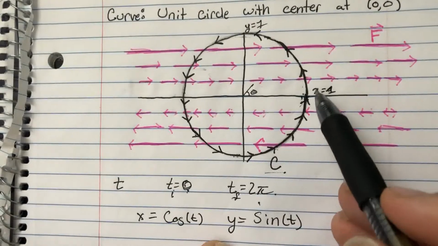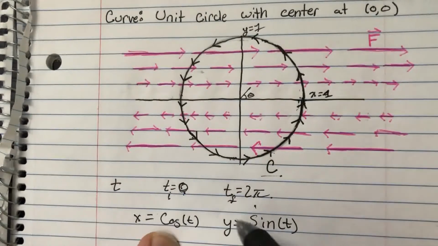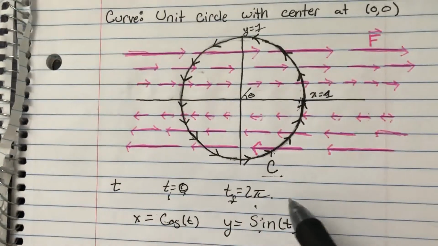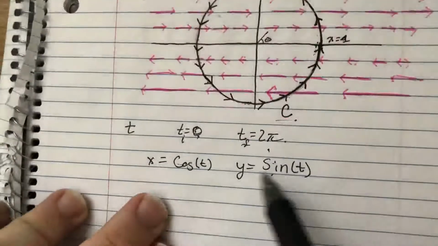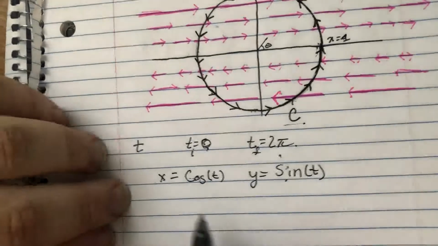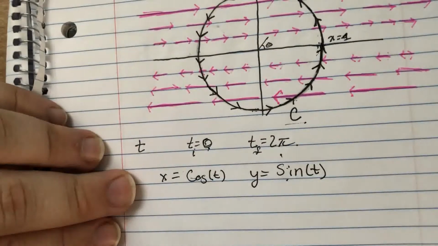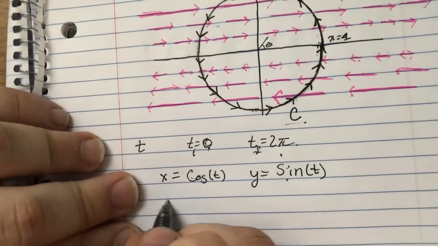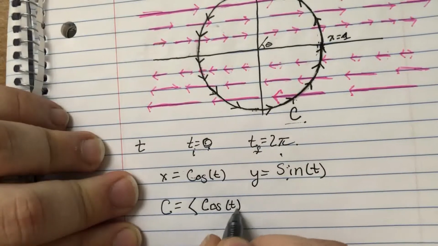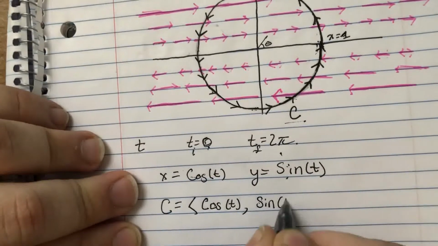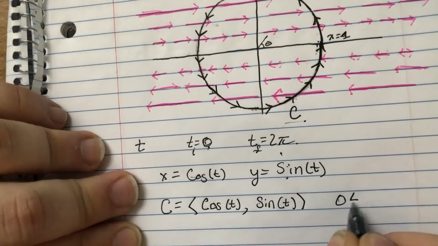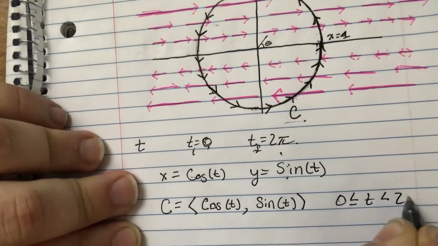So if this was going the other way, I would want to make these both negative, because I would want to go around like that. But since I'm going around this way, this is how I personally would parameterize it. So our curve can be described as this, as t goes from 0 to 2 pi.